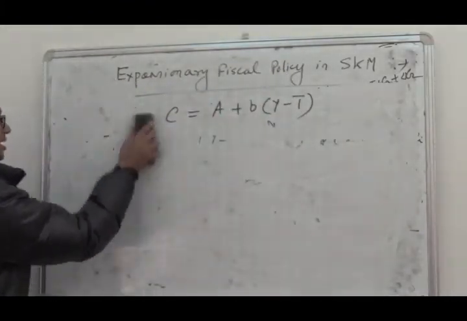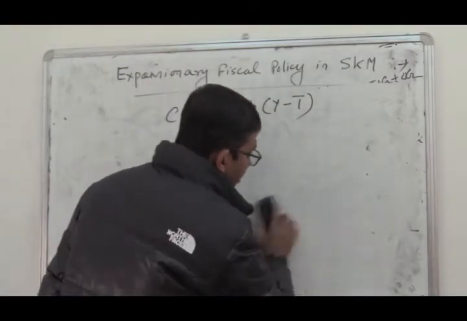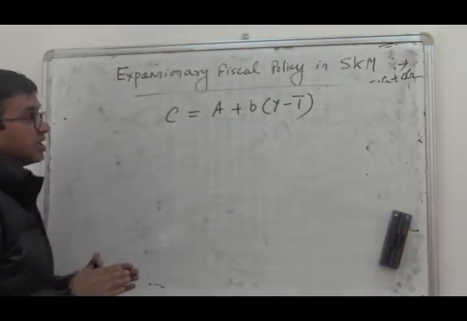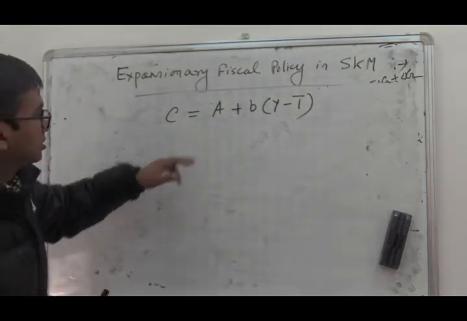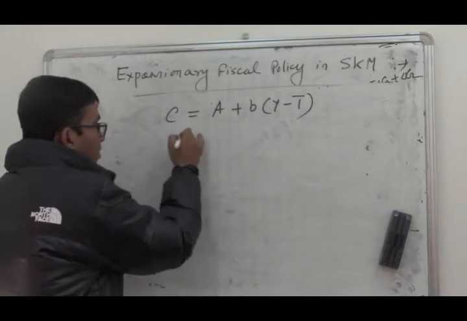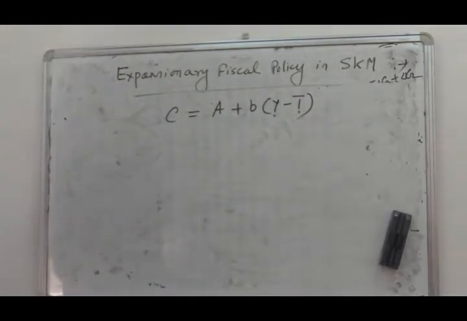Whenever we calculate the tax multiplier, we must consider two variables. Number one variable is Y and number two variable is T. Other things will remain constant.